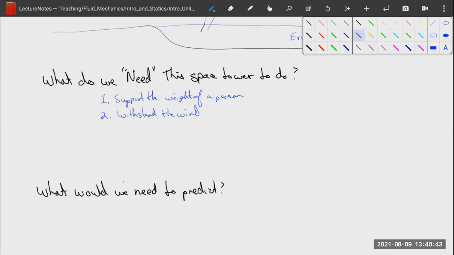Three, can't consume too much power. Four, it must be buildable. And five, must get as high as possible.